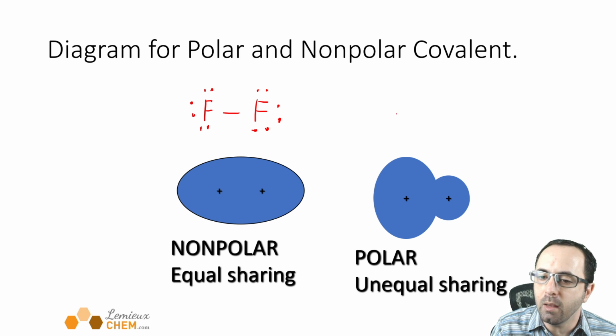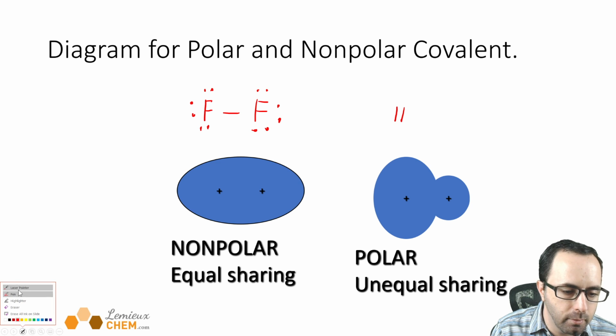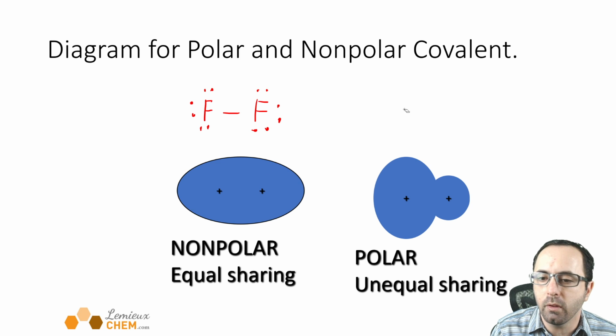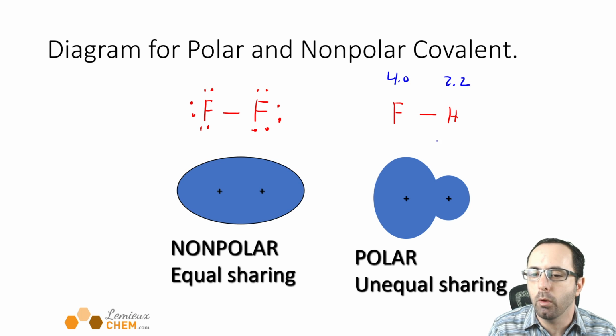However, if we have a polar bond, for example, let's say the left one was a fluorine, so very electronegative, but the right one was a hydrogen. For the fluorine, by the way, it has an electronegativity of 4.0, and for hydrogen it's 2.2.